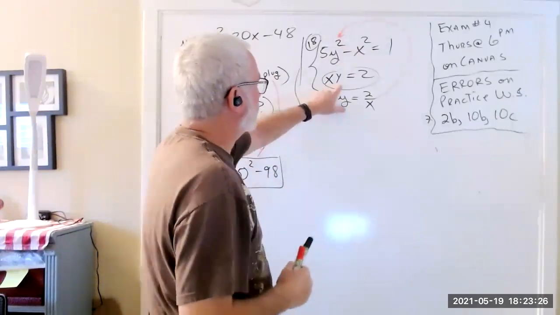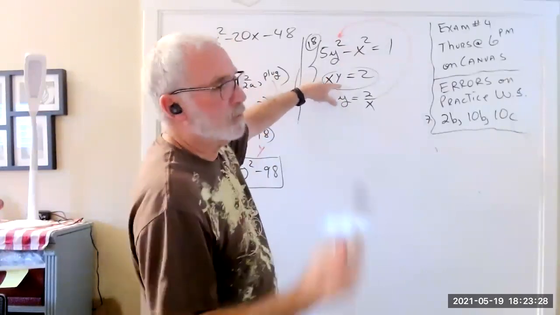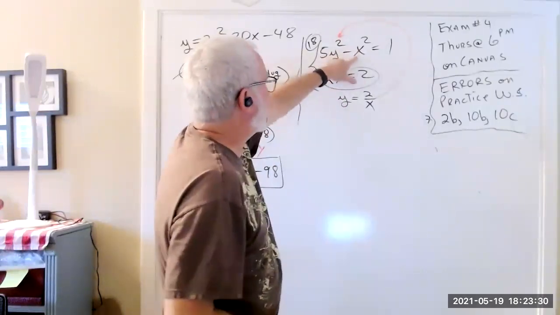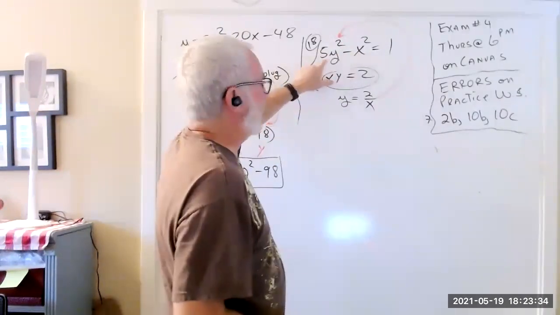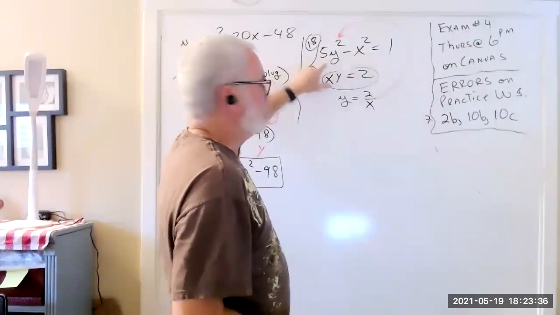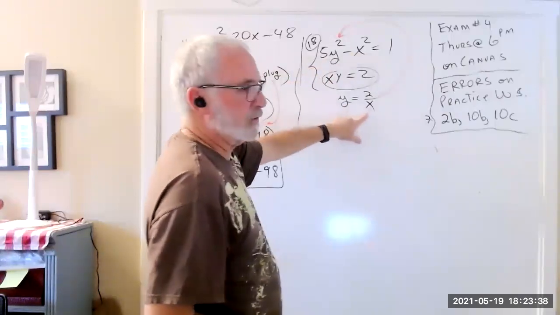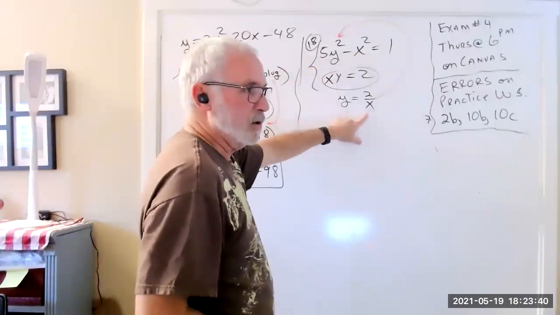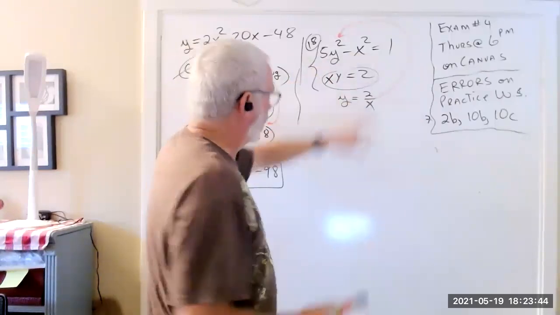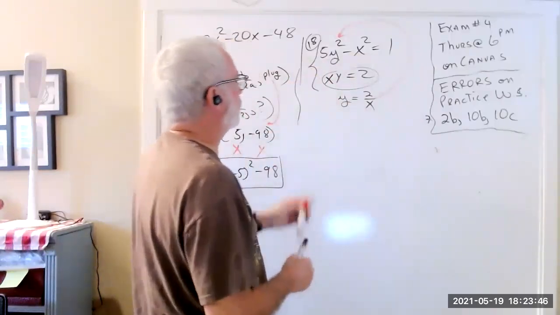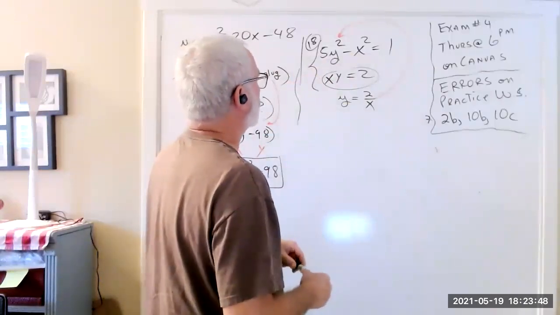So I take this equation, get y alone. You could have gotten x alone. Maybe getting x alone would be easier, because then you don't have to screw around with the 5 anymore. So do you want to get y alone, or do you want to get x alone? That'll be your choice. It won't matter. I did it with y equals 2 over x. All right, we'll do that and see what happens. Yeah, I got stuck, so I didn't know how to fix it.